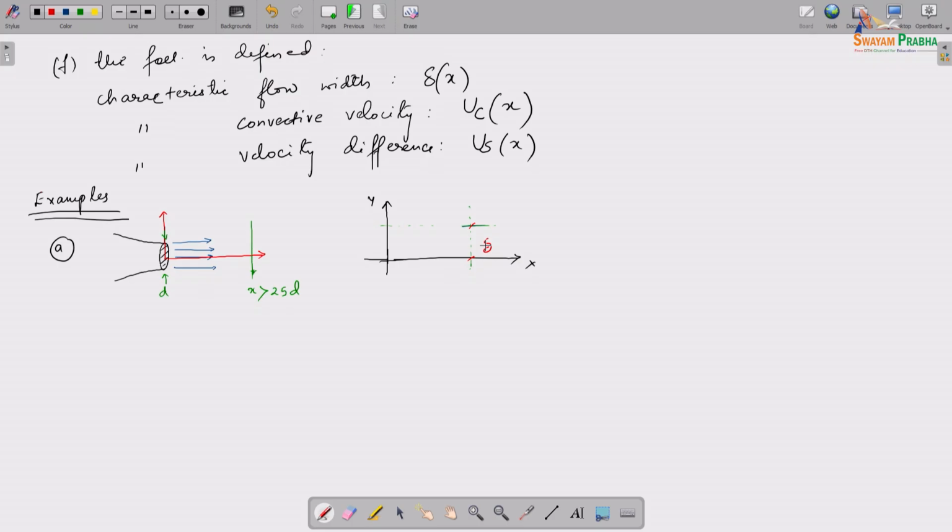So if I were to write this, the convective velocity is equal to the difference in velocity. Would that make sense? What is the difference in velocity here? I have a certain velocity, and what is the difference in velocity, and why am I saying the convective velocity is equal to velocity difference?